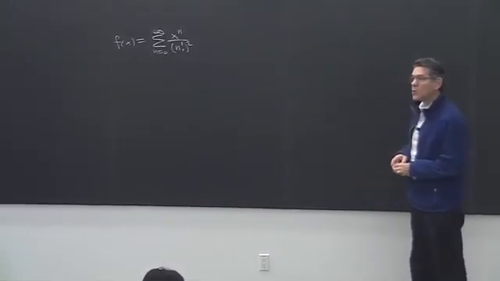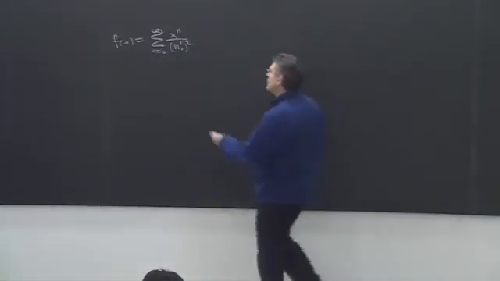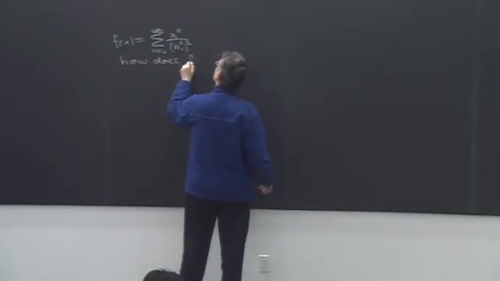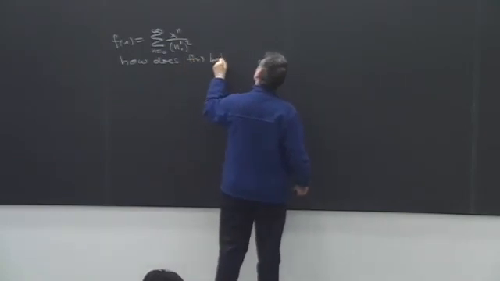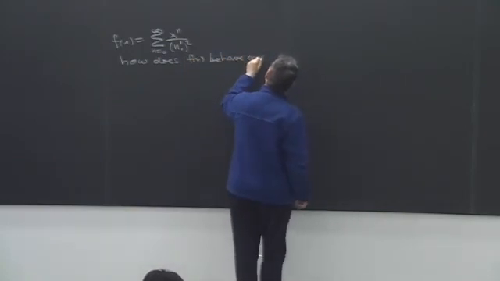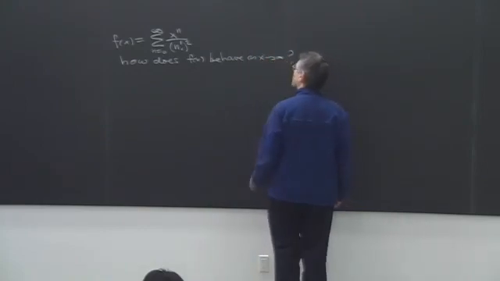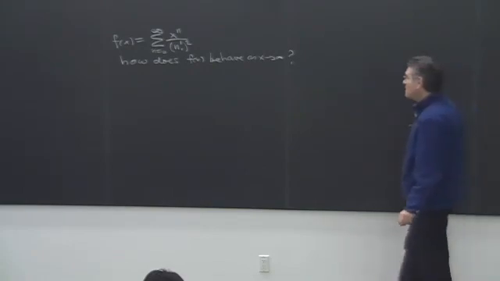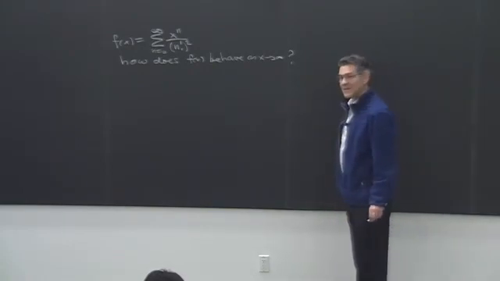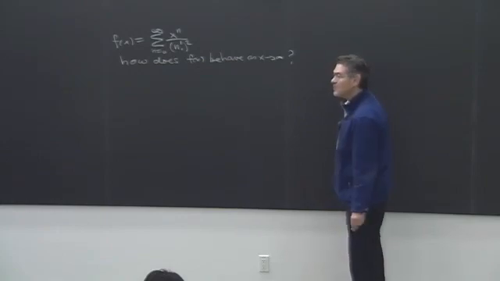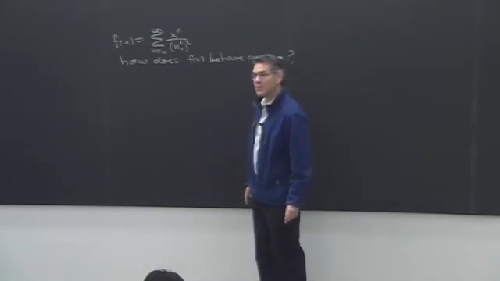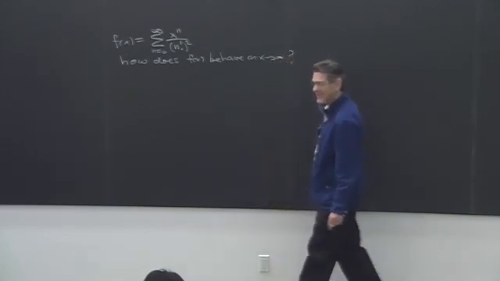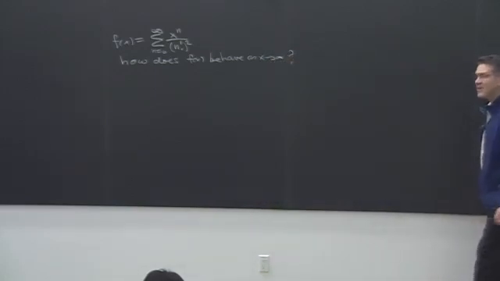But what he needed to know was the answer to this question. How does f of x behave as x goes to infinity? And he didn't know. He was trying to sum up the Taylor series for large values of x, which of course is not going to do very much.